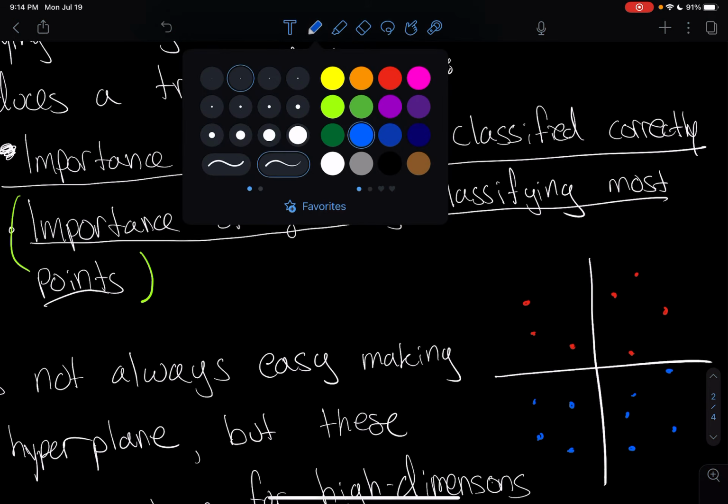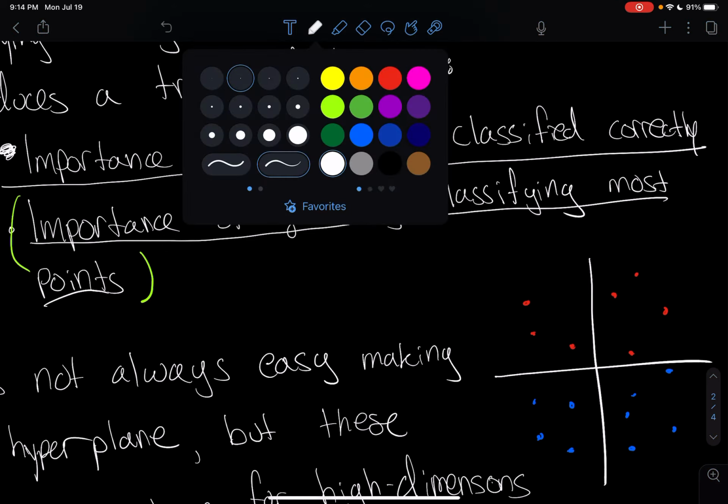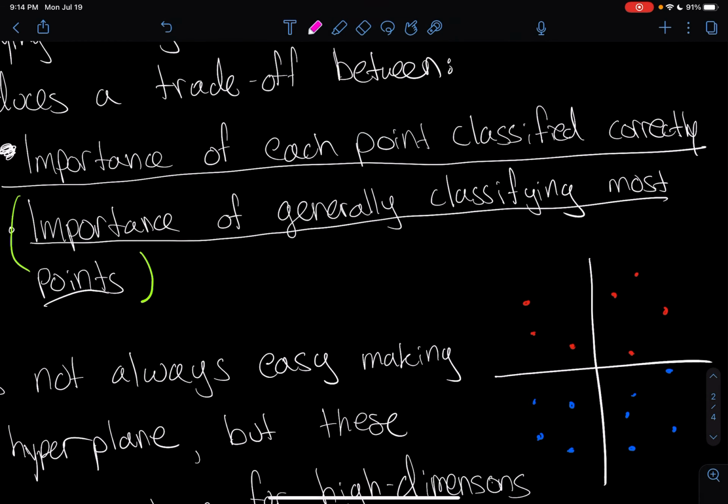Okay? If we were trying to do the same thing I just talked about, the general importance of classifying most points, the decision boundary might look a little something like, let's say, this here. Okay? Because the average blue is probably down here, the average red is probably up here.